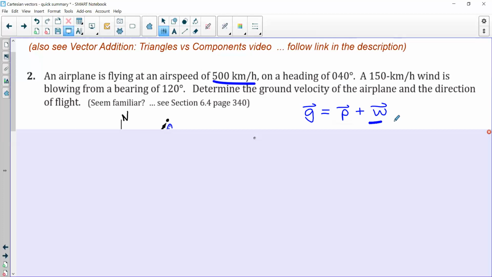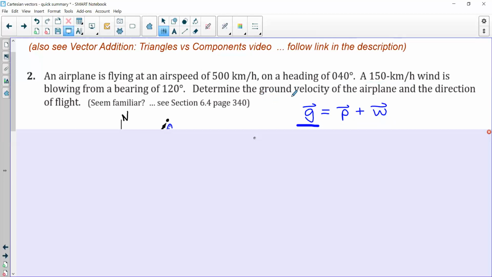But then there's wind that's going to affect it and make it move in a different direction, or alter it in some way. So those two combined efforts, forces, whatever you want to refer to it as, combined in addition. So when you put these two together in addition, that gives you the net ground velocity vector.